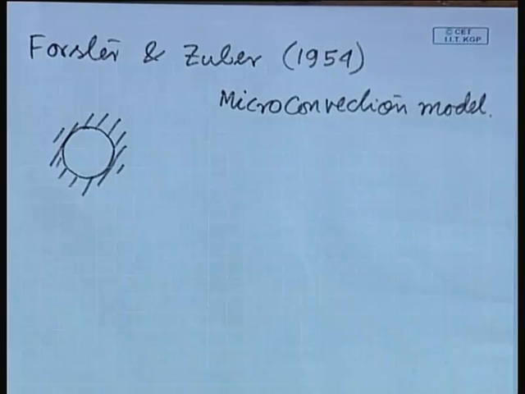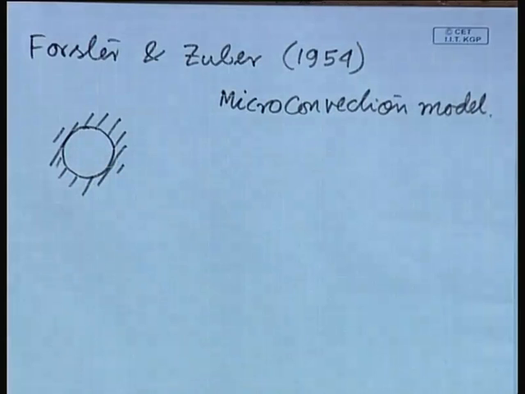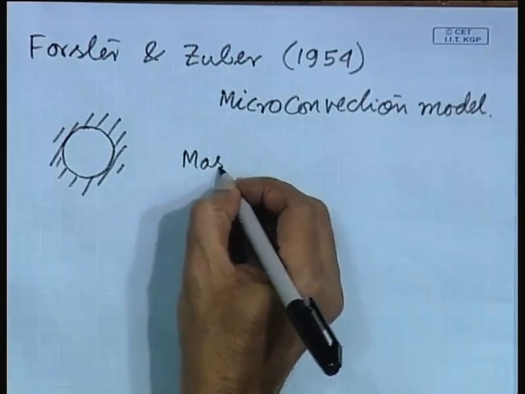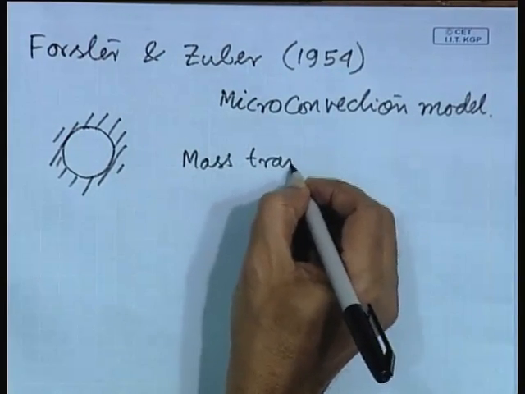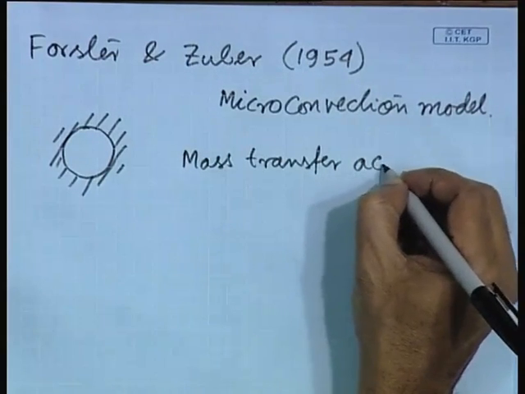The micro convection model. Let us say the bubble is growing due to evaporation. So, what will be the mass transfer? What will be the mass flow rate or mass transfer? Mass transfer across the interface.